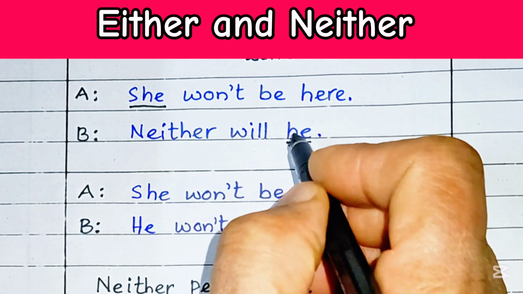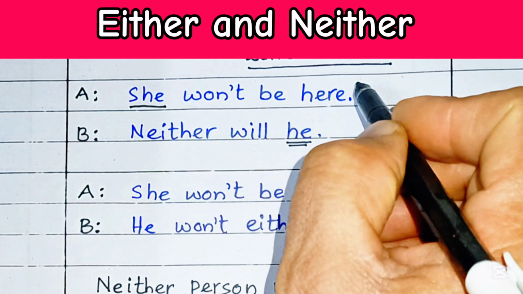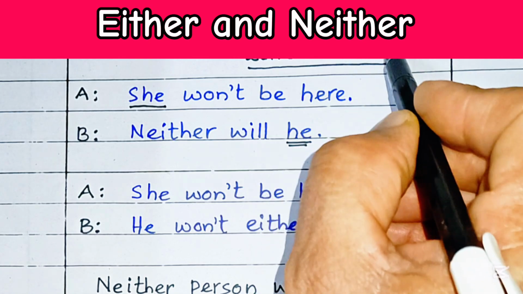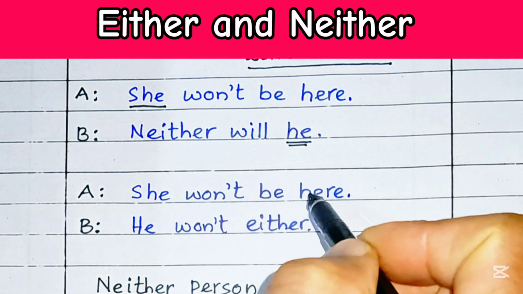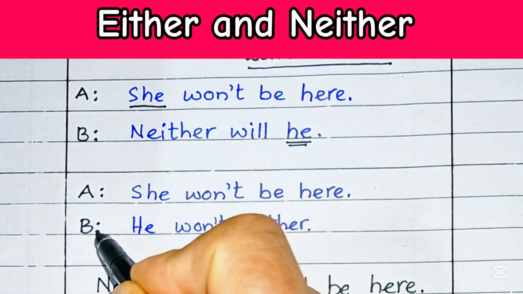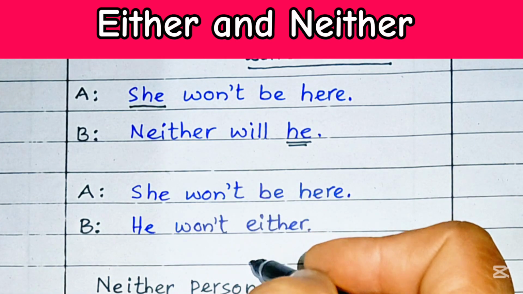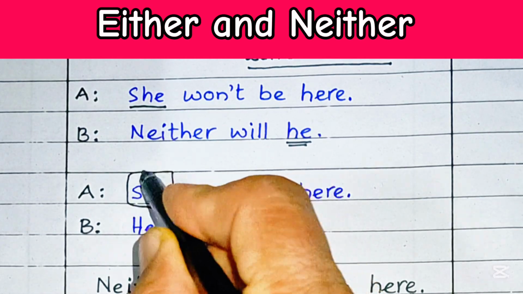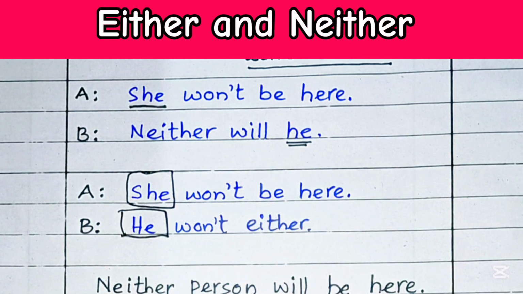Remember that won't is, as I mentioned, actually a contraction. It is the contracted form of will not. If person A says she won't be here and person B says he won't either, and once we combine both of them, this is person A, that is a woman, and this is person B, that is a man.